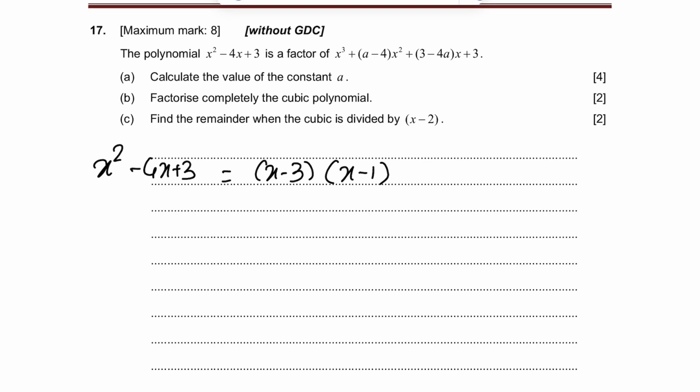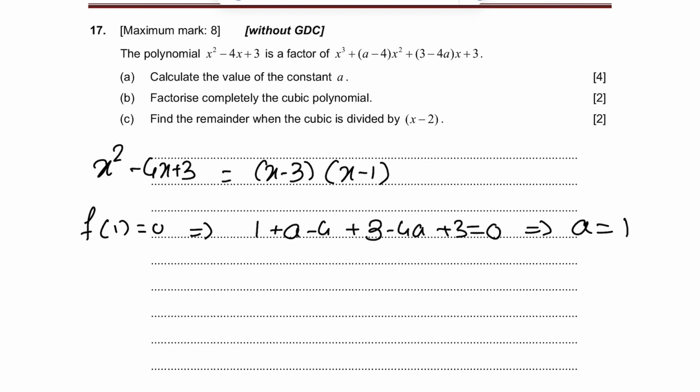Now it is a factor. Once it is a factor, what can I do? f of 1 should be equal to 0. It implies 1 plus a minus 4 plus 3 minus 4a plus 3 should be equal to 0. This should be giving the value of a as 1.